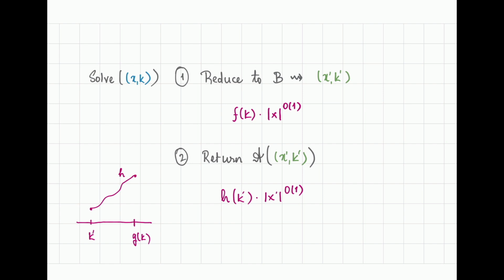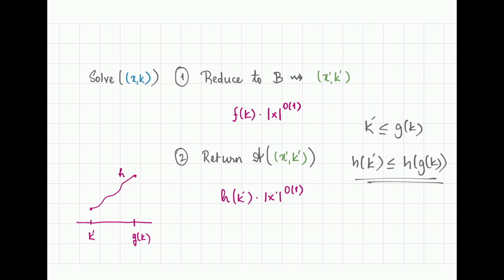So I know that k' is at most g(k), and from this I want to be able to conclude that h(k') can also be bounded as h(g(k)), and this would be true if we knew that h itself was also a non-decreasing function. And notice that we can actually assume that h is a non-decreasing function, again without loss of generality, pretty much using the same argument that we applied to g a few minutes ago.